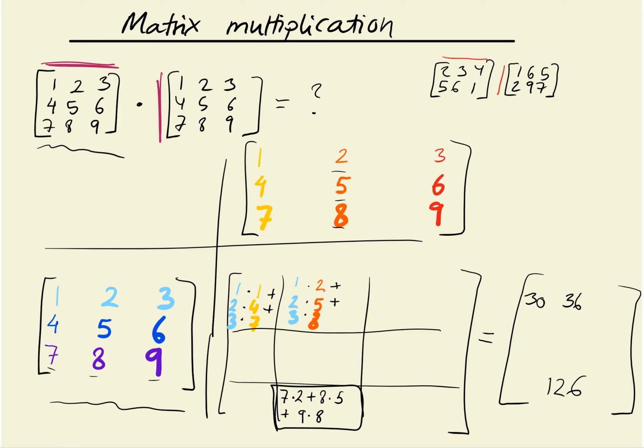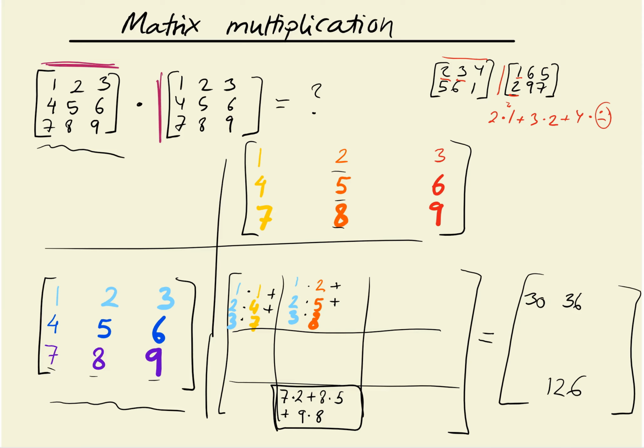So when I try to do the first element, I would get 2 times 1 plus 3 times 2. I mean, that's this element times this element plus this element times this element, and then 4 times, and then there's just no element down here. So I can't do the multiplication and the addition due to the mismatch here.